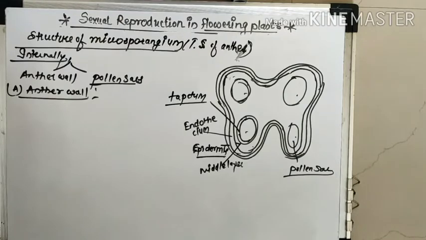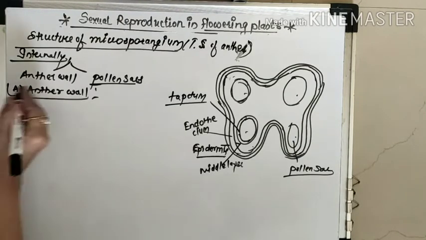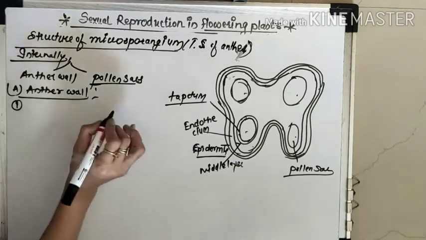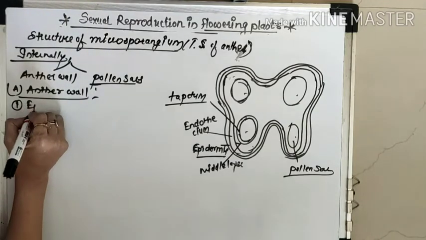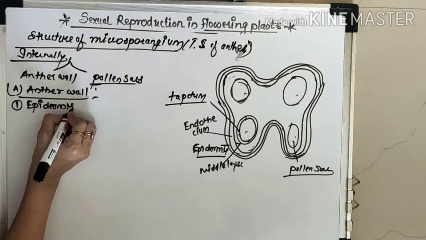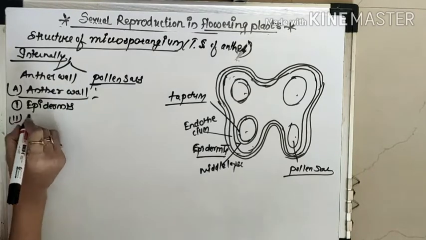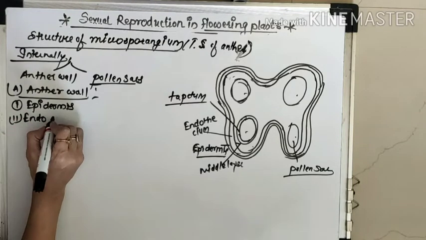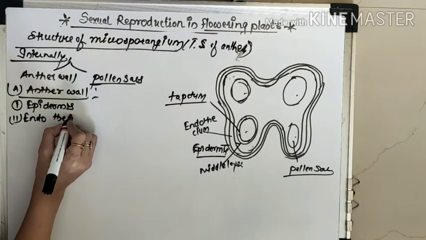The anther wall is divided into four layers. First is called the epidermis. Second is called the endothelium.